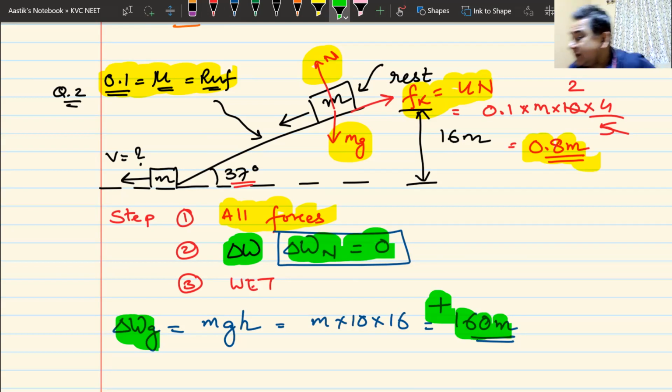The last thing remaining is the work done by friction, and I'll give you 1 minute to think about it. What is the work done by friction? If anyone knows the answer, please tell me. What is the work done by friction?